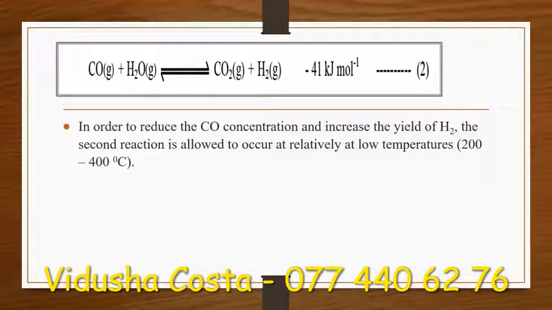Therefore, when carbon monoxide is formed, in order to reduce the carbon monoxide concentration and yield more hydrogen gas, we allow the second reaction to occur at a relatively low temperature. What will happen when you decrease the temperature? This reaction becomes spontaneous even at a low temperature. Why? We found out earlier delta G is minus.